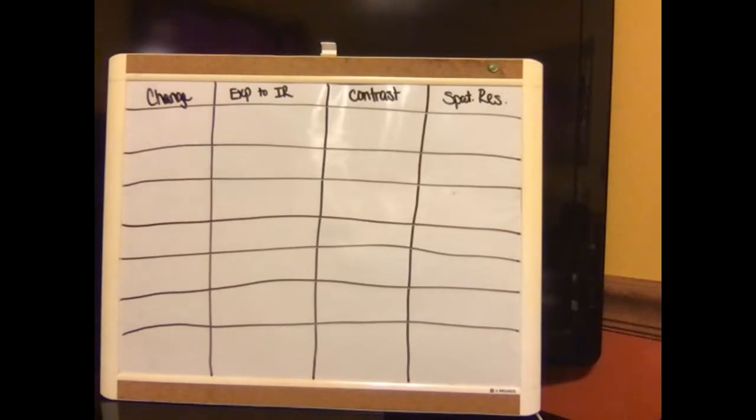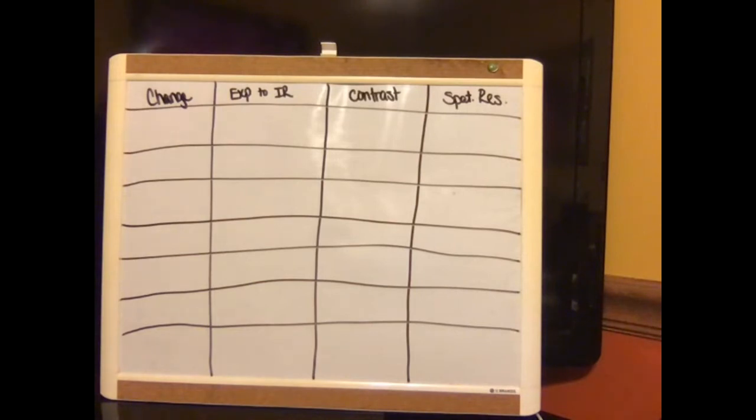So the changes we're going to have are going to go over here, and then we'll determine whether or not that's going to create an increase, decrease, or no change to the exposure. In the textbook, it says to use a plus sign to signify an increase, a minus sign to signify a decrease, or put a 0 if there is no change.